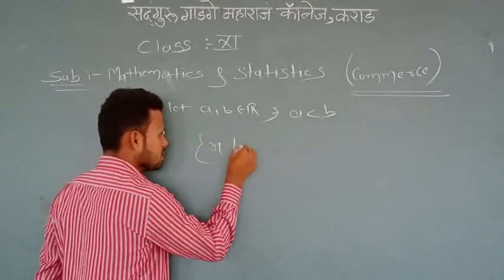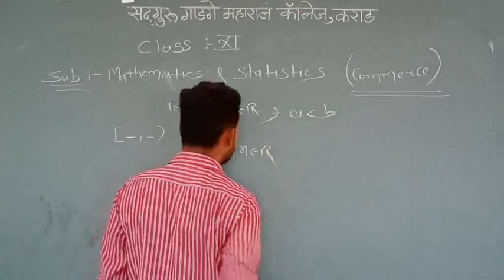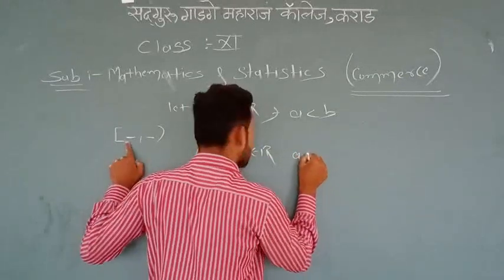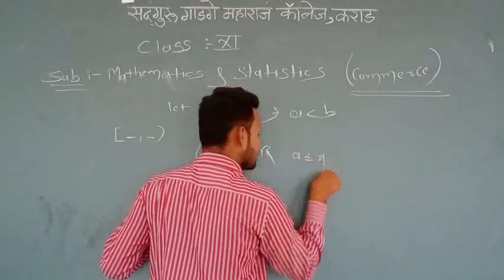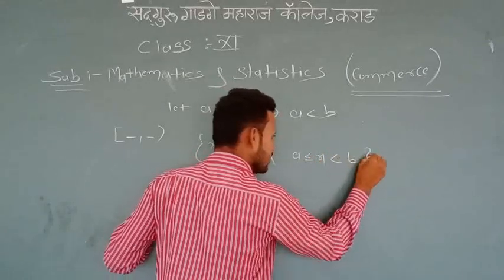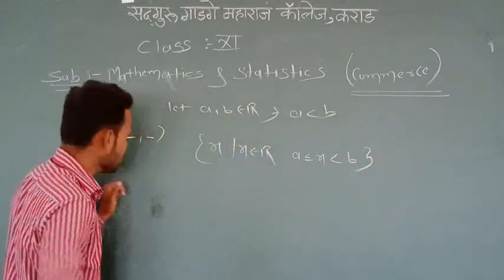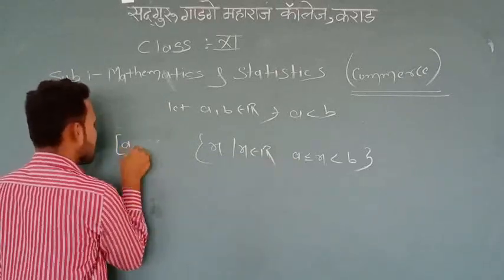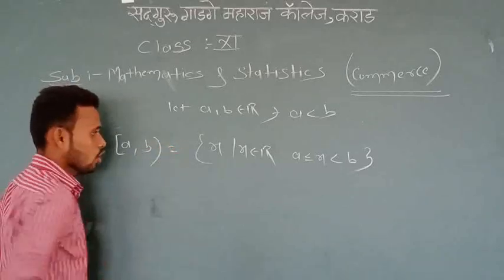Definition: the set containing all real numbers x such that a is less than or equal to x, and x is strictly less than b, represents a semi-closed interval, closed at a and open at b.